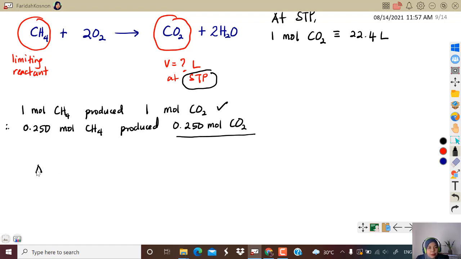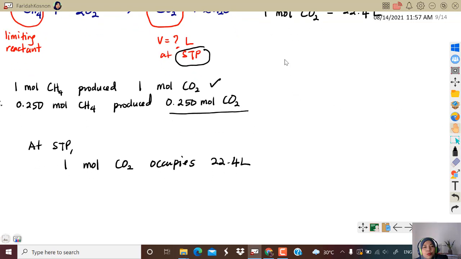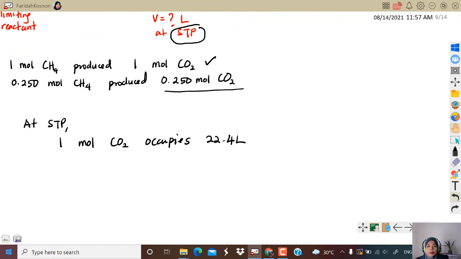Okay, at STP, 1 mole carbon dioxide occupies, menempati, okay, 22.4 liter. Okay, so continue. If you have 0.25 mole carbon dioxide, okay, therefore, if you have 0.250 mole carbon dioxide, okay, occupies berapa liter?